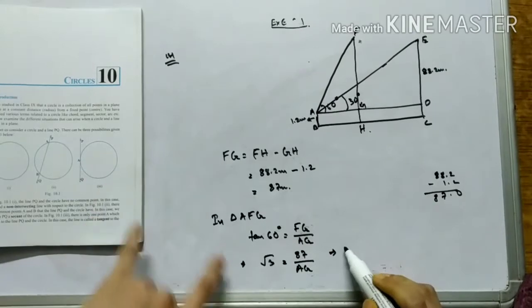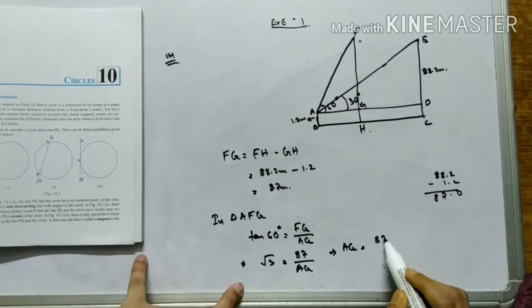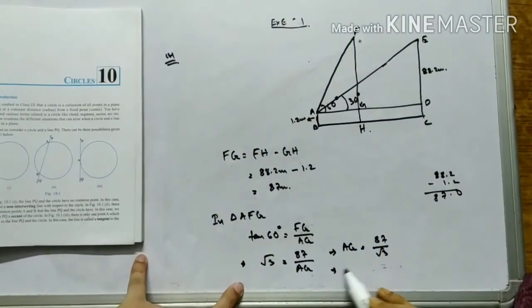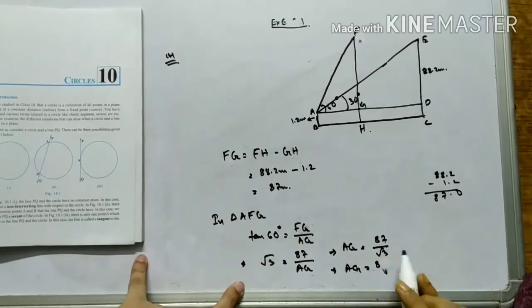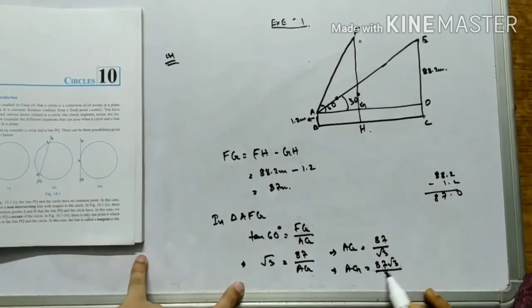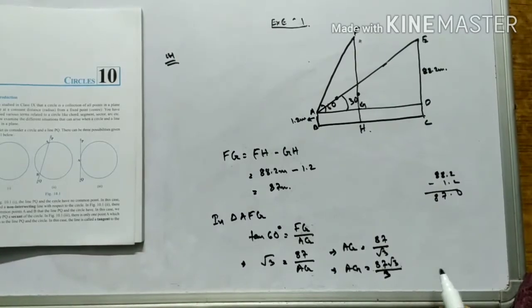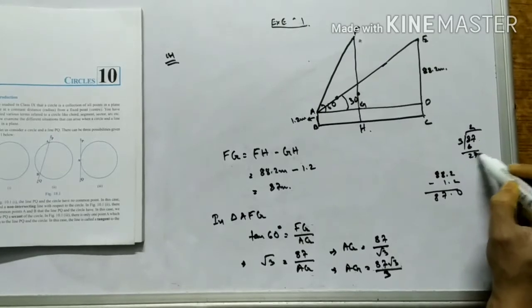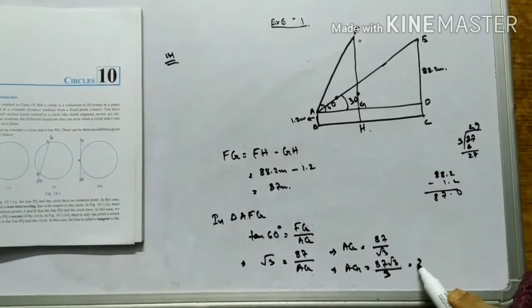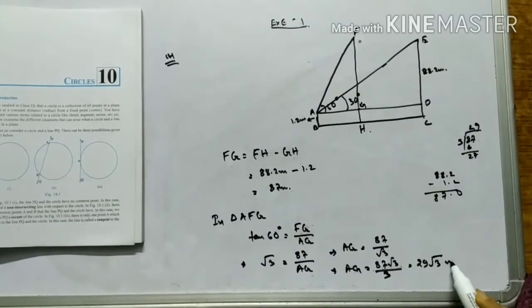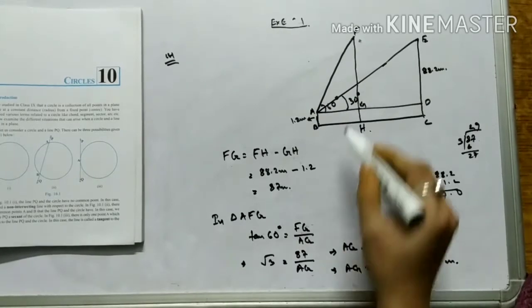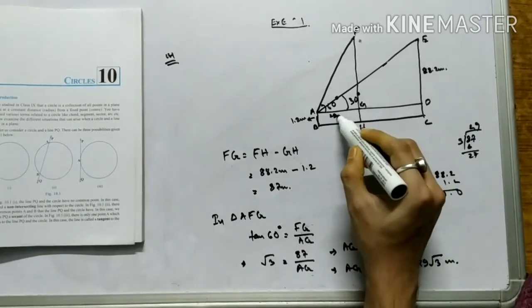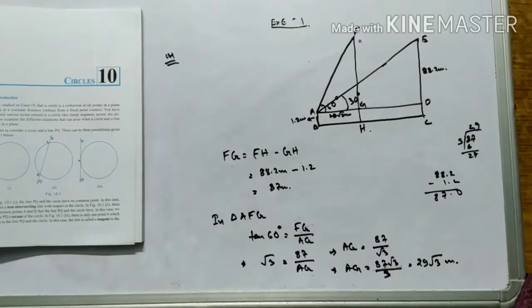Ultimately I will get AG equals 87 by root 3, so AG equals 87 root 3 by 3. If I divide 87 by 3, I will get 29 root 3 meter. AG is 29 root 3 meter.